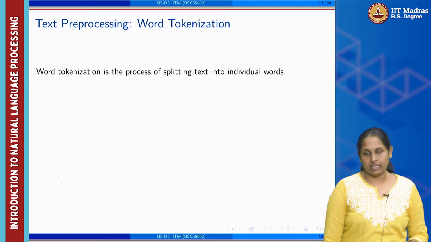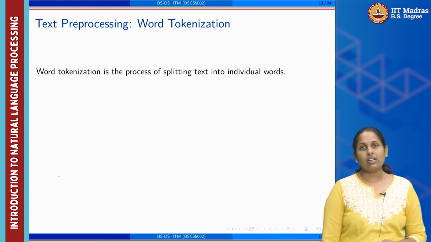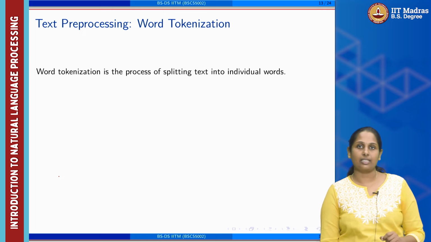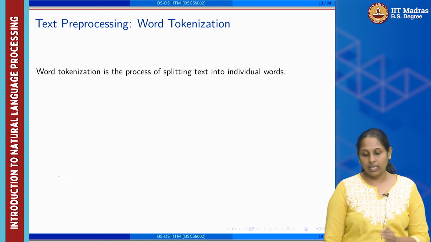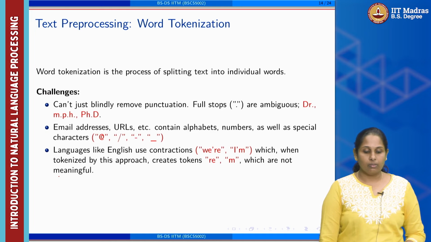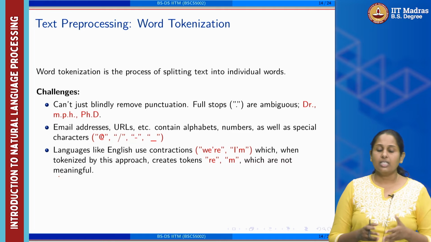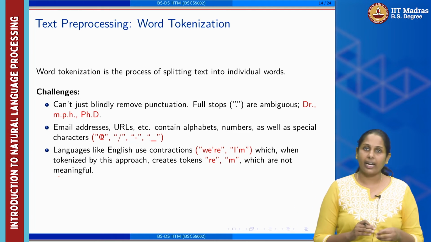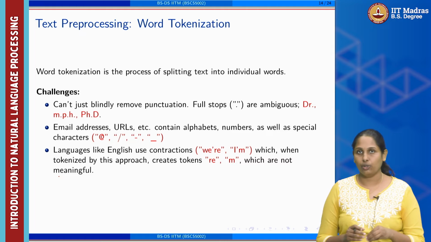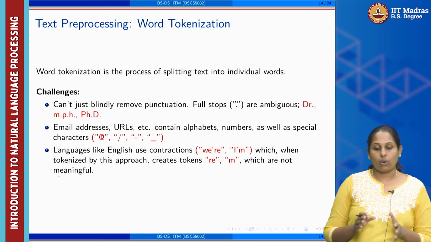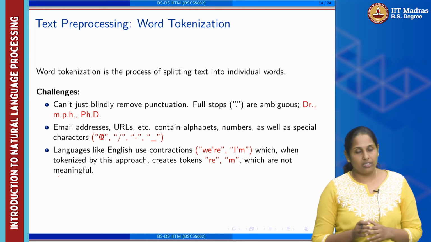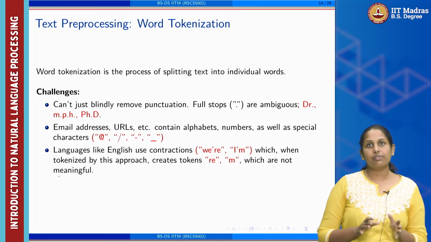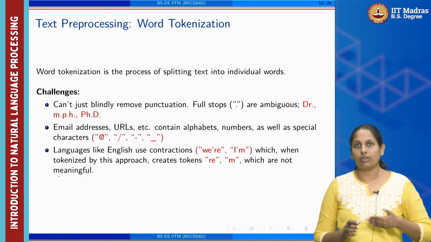Similarly, word tokenization is very important because it splits the sentences we have already got into individual words. Again, we can't split the text blindly; we have to put in some effort. Word tokenization is the process of splitting the text into individual words.